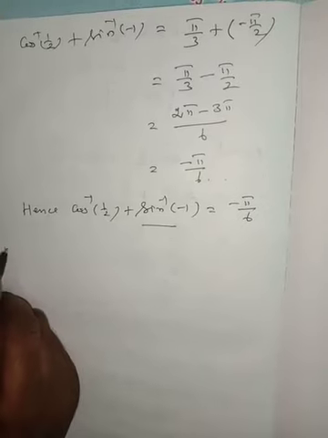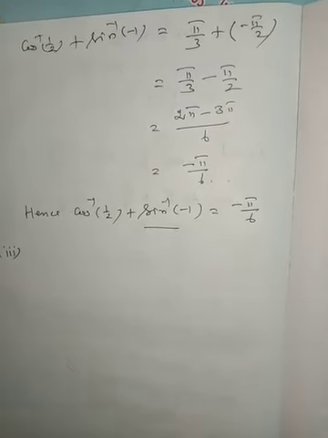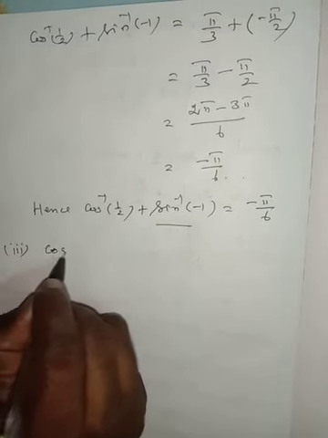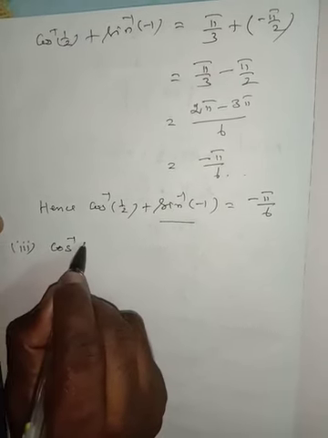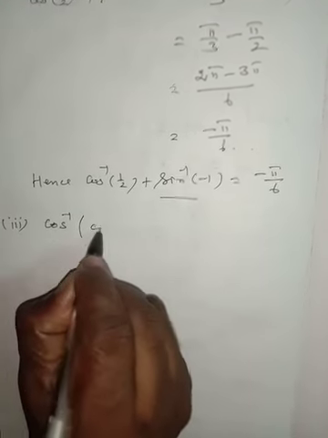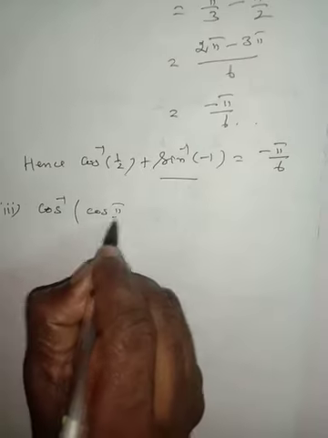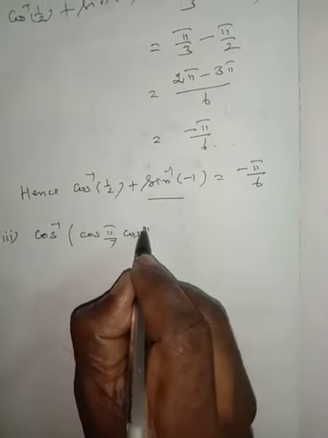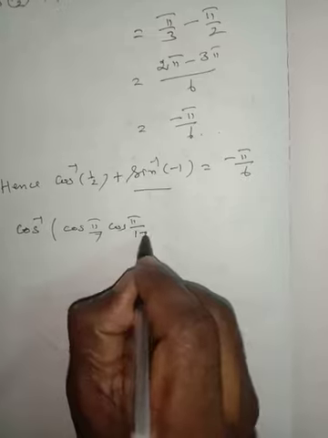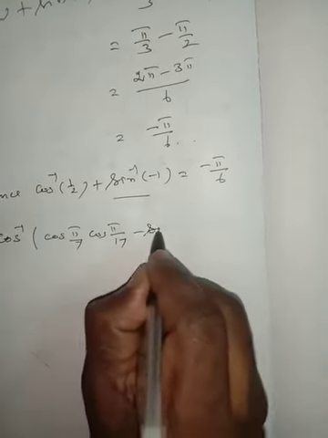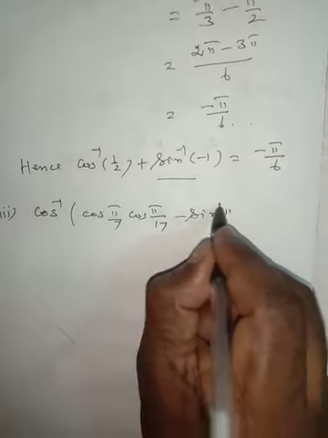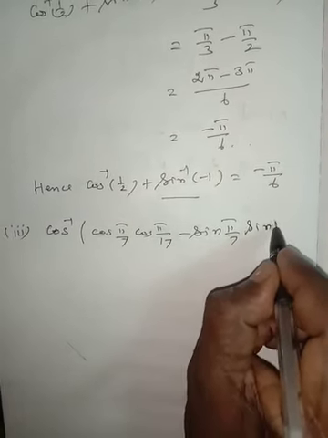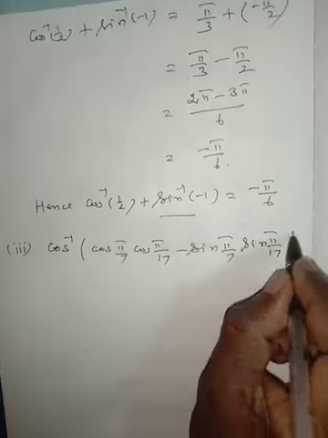Next, question number 3, subdivision number 3. Cos inverse of cos pi by 7 into cos pi by 17 minus sin pi by 7 into sin pi by 17.